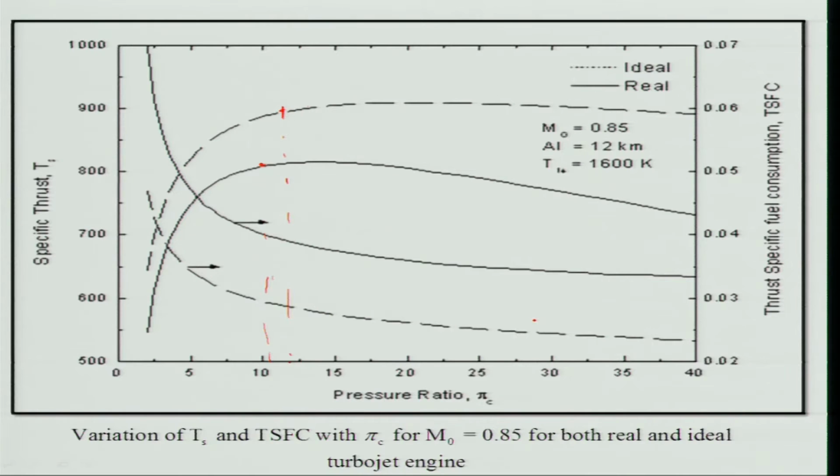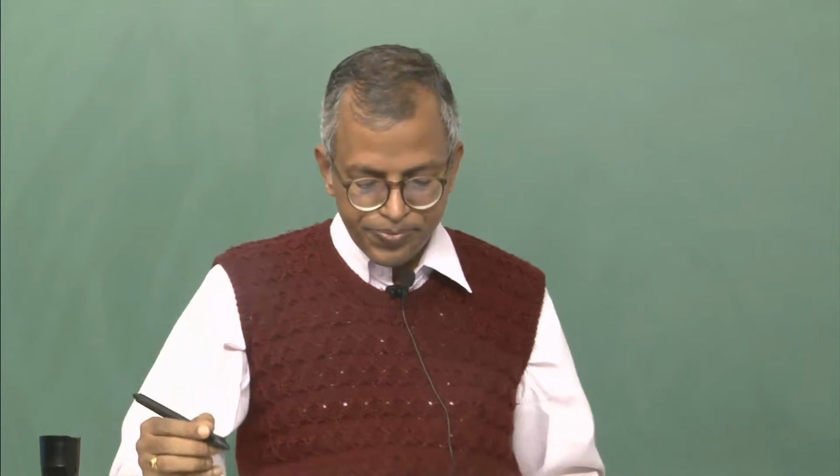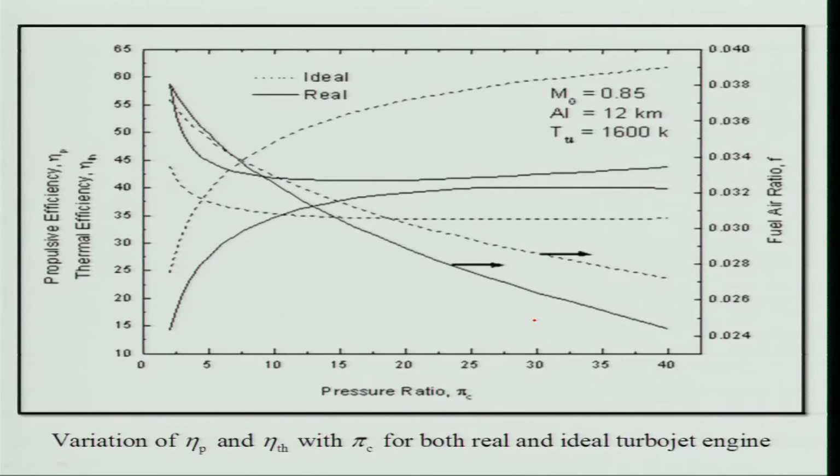So, if we incorporate the more losses that we have neglected, then you may get higher TSFC and lower specific thrust. Let us look at the propulsive efficiencies and thermal efficiencies with respect to the pressure ratio across the compressor, for the same flight Mach number and the same conditions of altitude 12 kilometer and T T 4 1600 Kelvin.